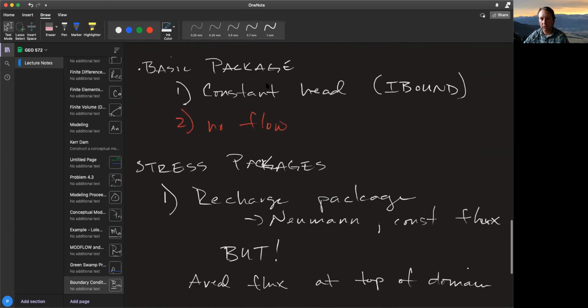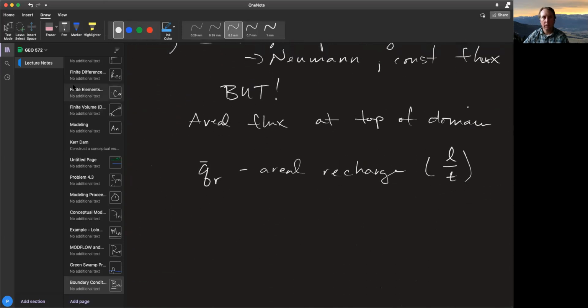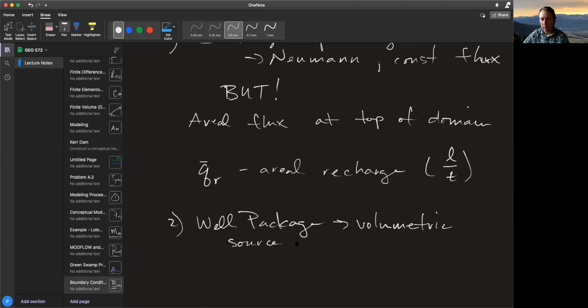And so we implement that in MODFLOW with the well package. And the well package is a volumetric source or sink at a location.